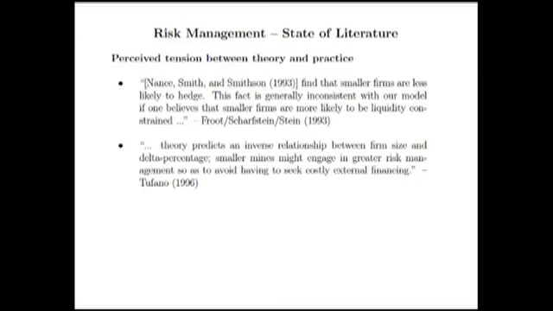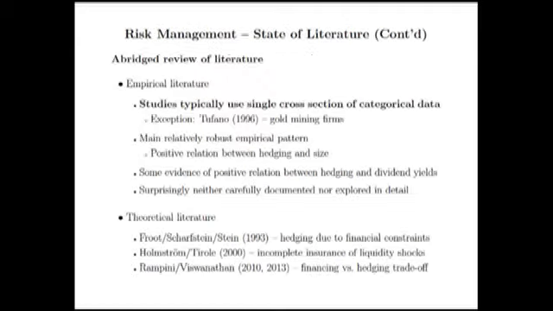In particular, again, the argument there is that smaller firms might engage in greater risk management so as to avoid having to seek costly external finance. And again, our basic trade-off, of course, has the exact opposite prediction, and then we'll look at this in the data. Don't want to say much about the literature.